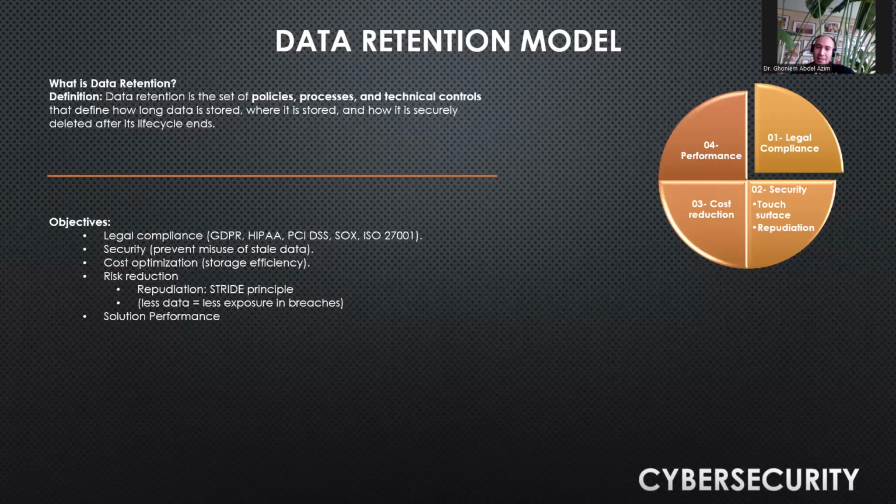The ground rule is to define how long the data will be stored, and that can be done by applying a data classification model to your data model: which data should be stored for how long, and it differs from one data model to another. So these are the overall objectives of having a data retention model. Number one, legal compliance. Number two, security aspects. Number three, performance optimization. Number four, cost optimization.